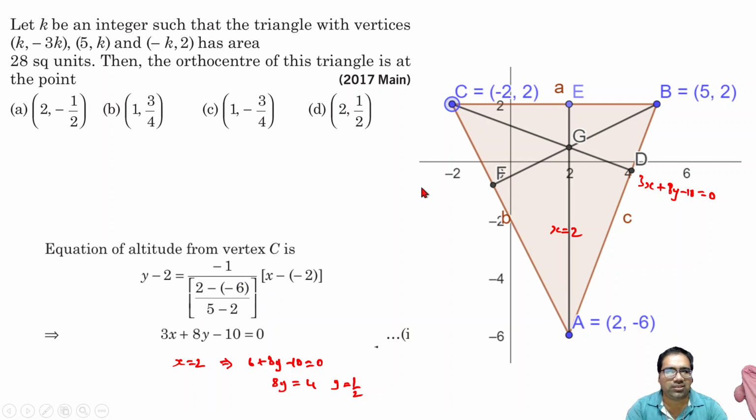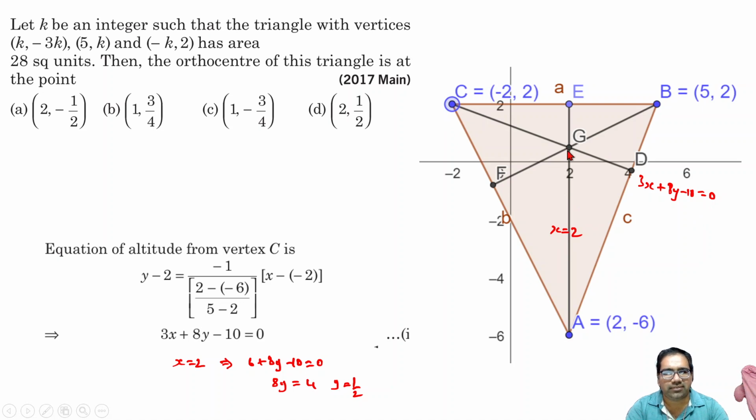So y minus 2 is equal to m into (x minus x1), that is x plus 2. If you simplify this equation, it will become 3x plus 8y minus 10 equals 0. Right. So that is the equation of CD, 3x plus 8y minus 10 equals 0.